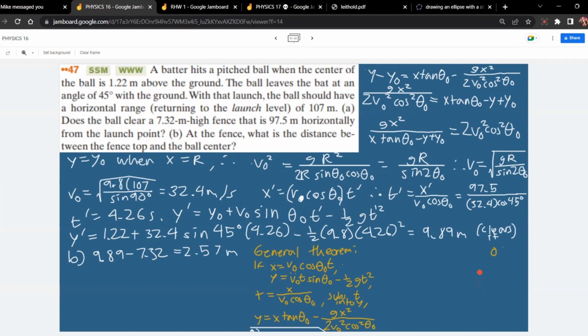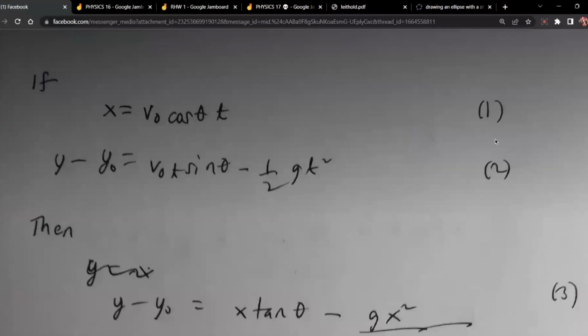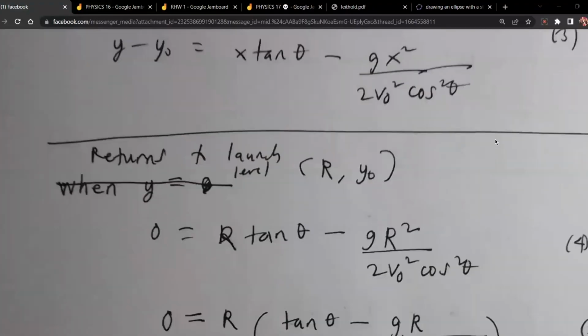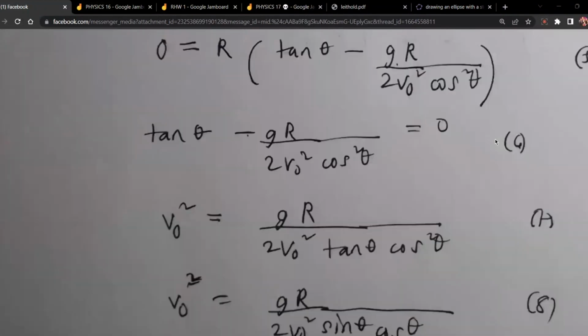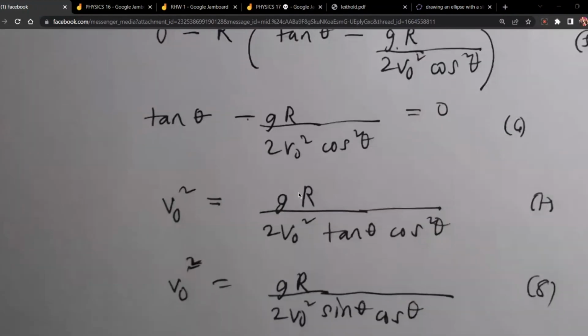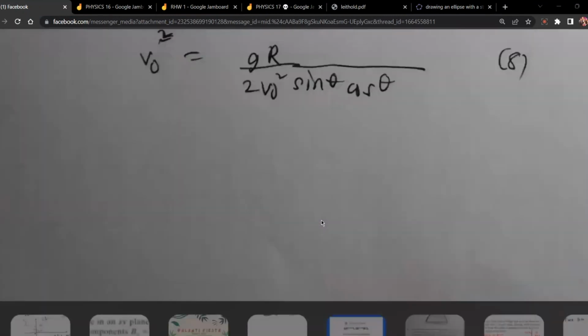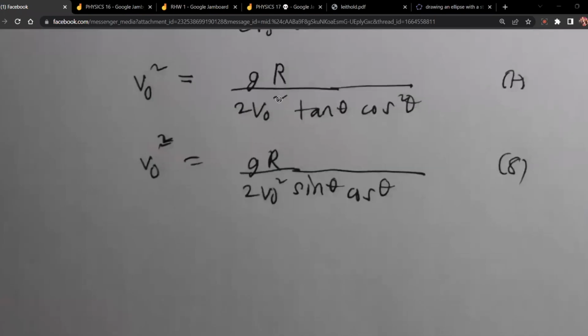Teka, may mali yata sa ano. So, may mali ako sa equation 7, 8. May factor na may V naught square na wala dapat. So, cancel out mo lang yan, yung sa denominator. It remains GR.